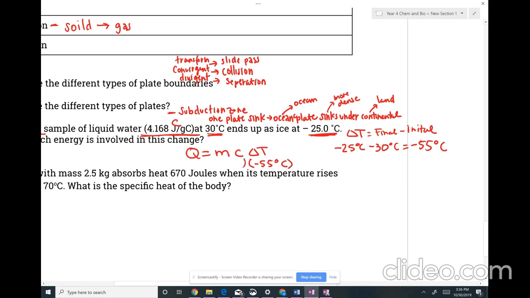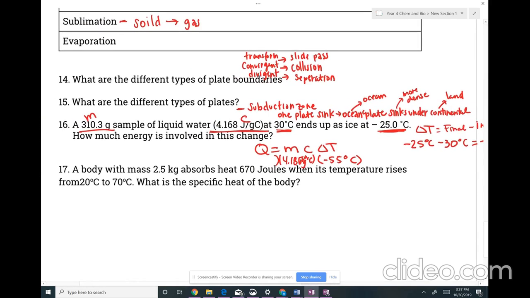And then I obviously have my C, 4.186 joules over grams degrees Celsius, and my M, which is 310.3 grams, and then that is equal to Q. So I go ahead and check my units. I see that I have joules and I see that I have grams, so that's all good.